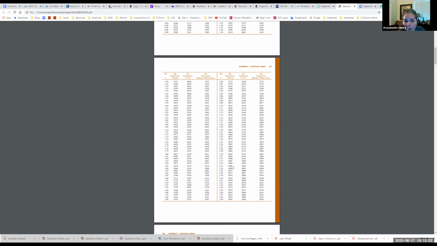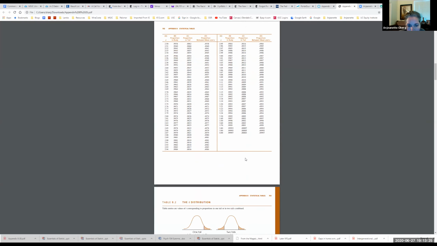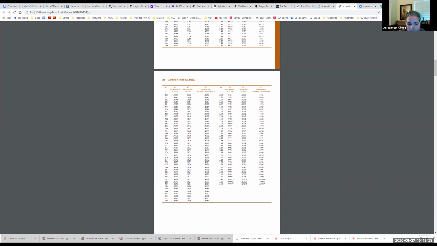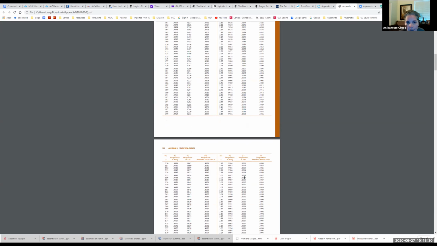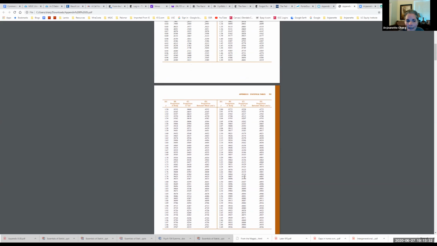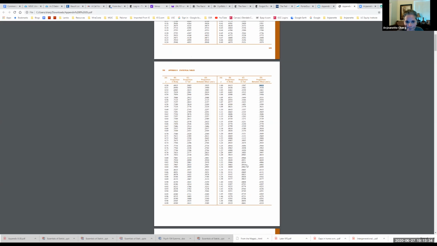So if there's only a 2.28% probability of a score falling above a positive 2, then there's only a 2.28% chance of it being less than a negative 2 as well. Remember, whatever's happening in this tail is also happening in that tail. So keep that in mind, it's symmetrical. And also keep in mind that we don't necessarily have all the potential scores, okay? This is a modified or condensed version, okay?